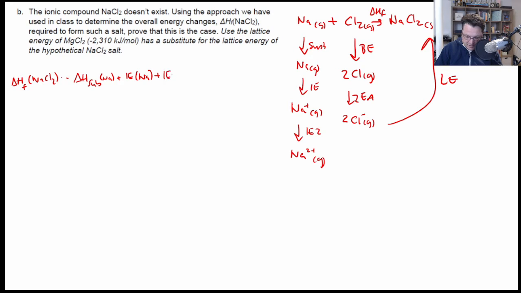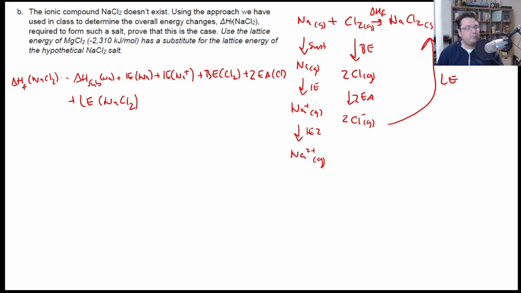It'll also need the second ionization energy, so the ionization energy of Na+. In this case, it'll involve the bond breakage of Cl2, but now you're also going to need 2 of the electron affinities of Cl. And then you're also going to need the lattice energy in this case.